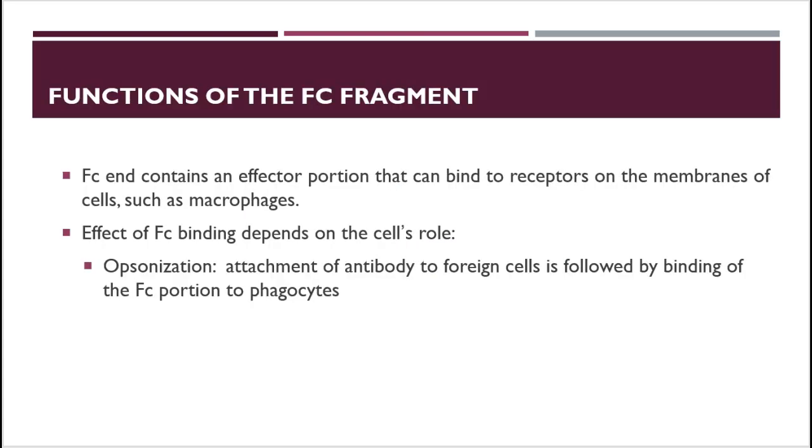All right, so let's talk briefly about the function of the Fc part of the antibody. This section of the antibody contains an effector portion that can bind to receptors on the membranes of cells like macrophages. And the effect of the binding of that section to a cell is determined by the cell's role.